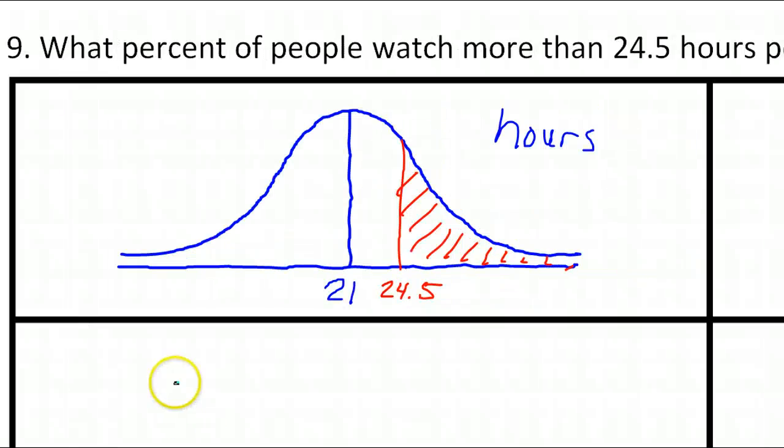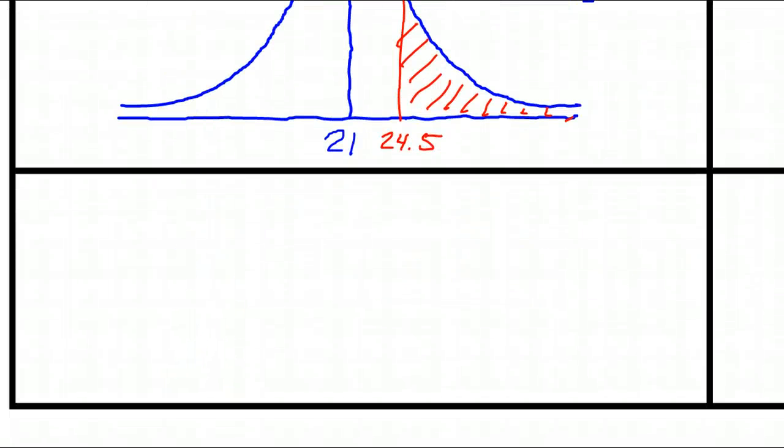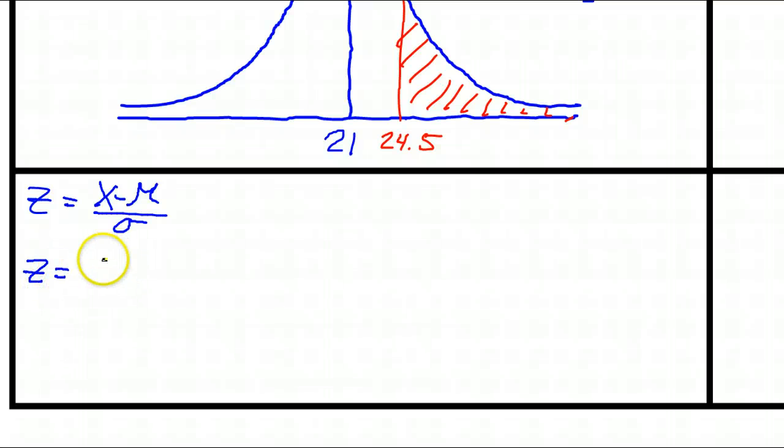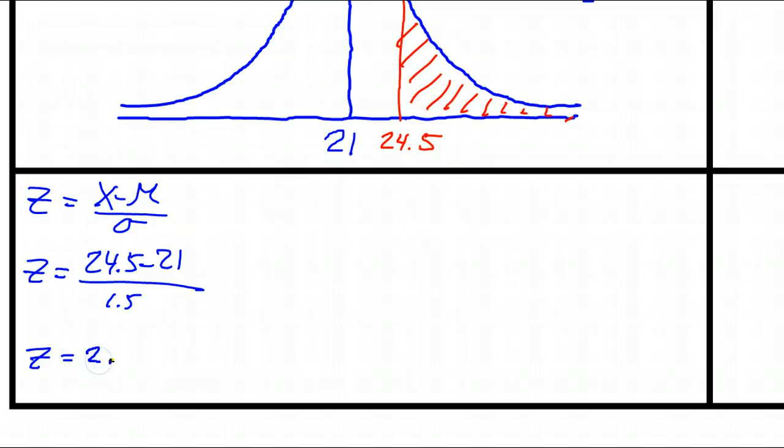We will find the z-score using our z-score formula. Z equals the value minus the mean divided by the standard deviation. So that's going to be 24.5 minus 21 divided by 1.5. So that's going to give us 2.33.